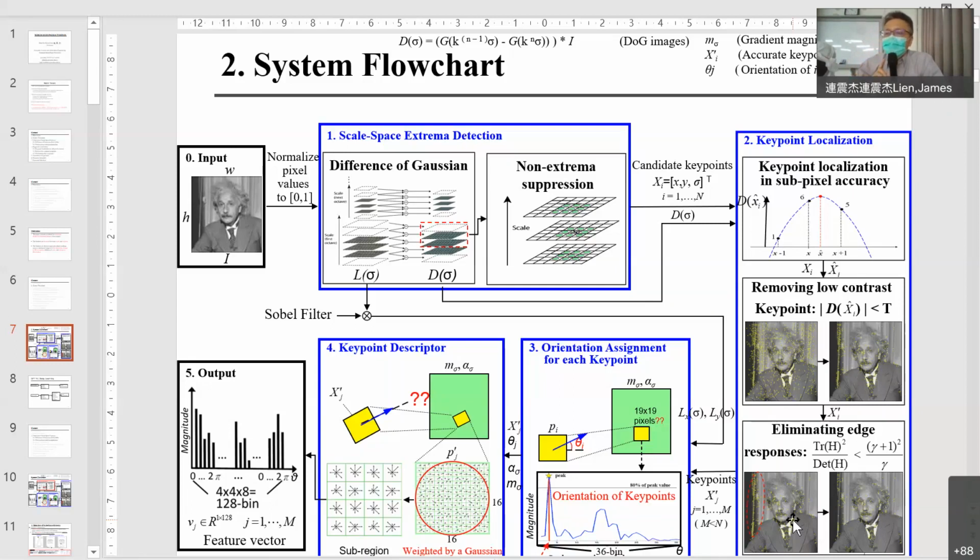White noise is Gaussian noise, so we should use Gaussian smoothing to remove the noise.